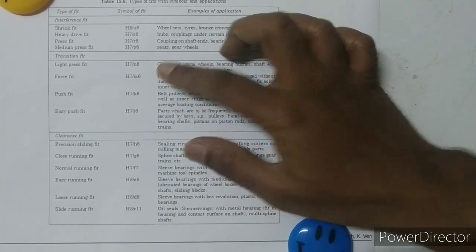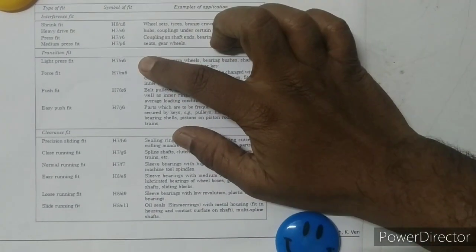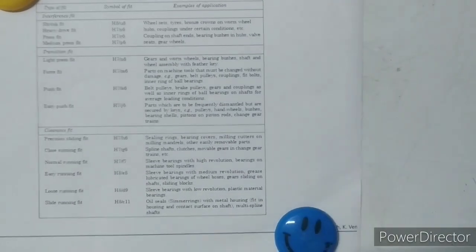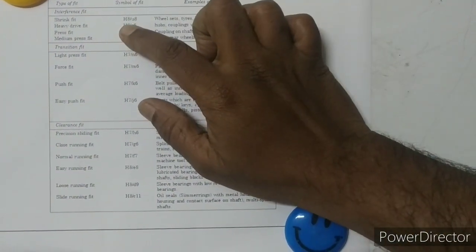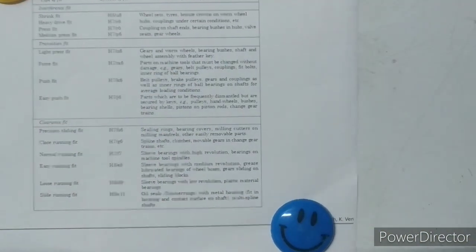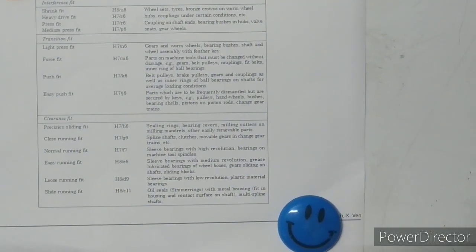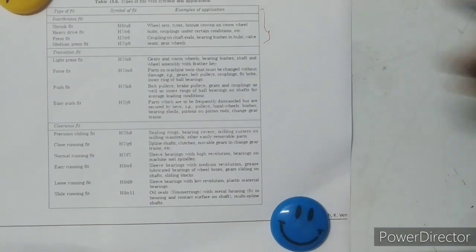And the transition fit is J, JS and K. So it is N, M, K. Then if you see the interference fit, that is N to Z. You can see here H, U, S, R, P. That clearly shows this indicates the interference fit.